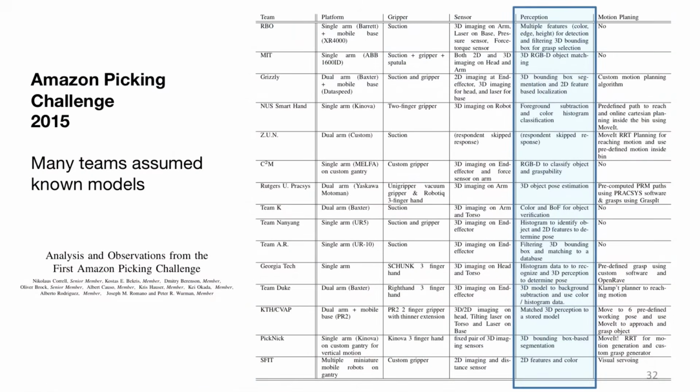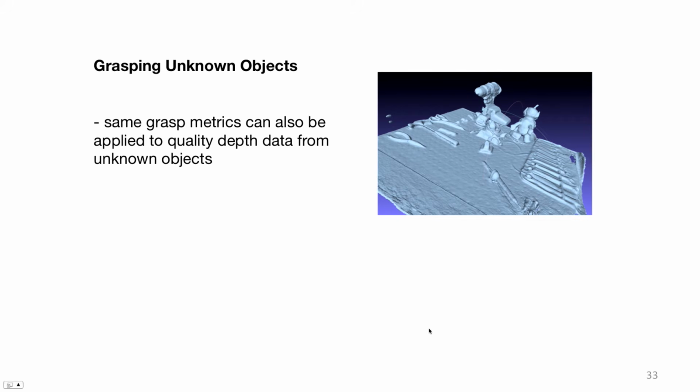So the Amazon Picking Challenge, if you look at all the teams, this is from a review paper of what all the teams did. If you look at this column, a lot of them assumed that they had these known mesh models. It was given in the first year of the challenge that you could have mesh models for the objects you were trying to grab. How about if we don't have mesh models for the object?